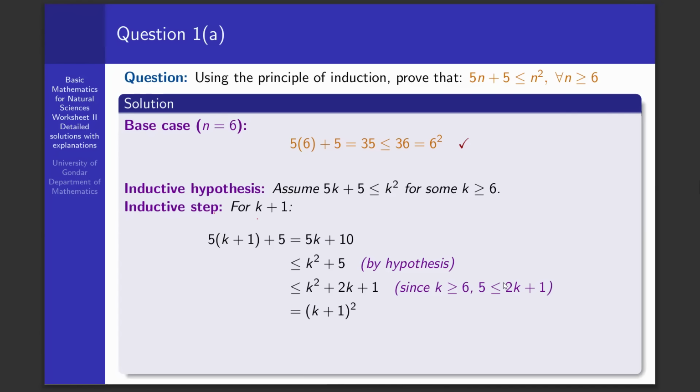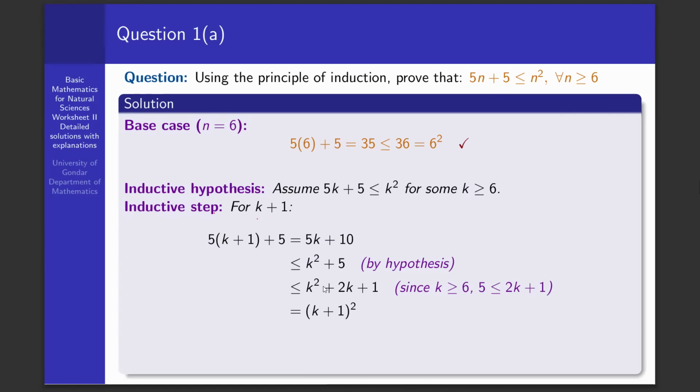So k square plus 5 is less than or equal to k square plus twice of k plus 1.